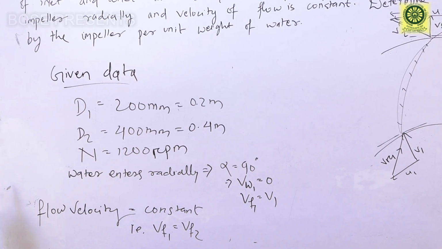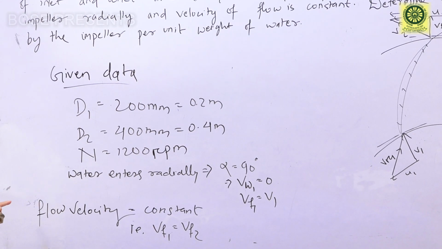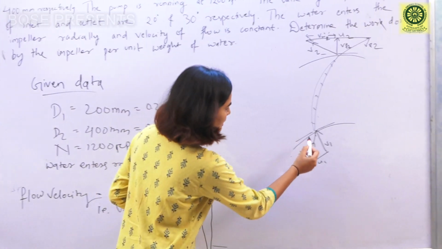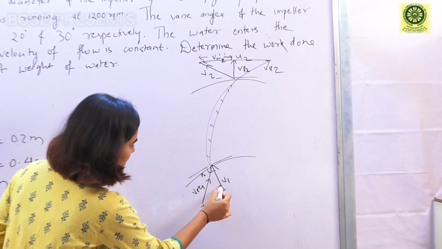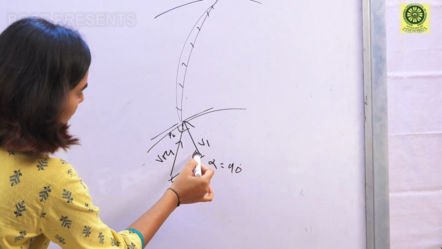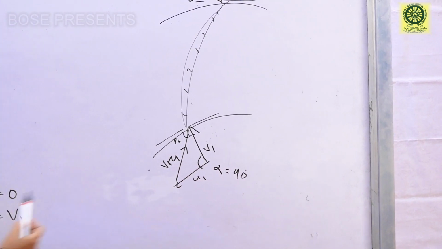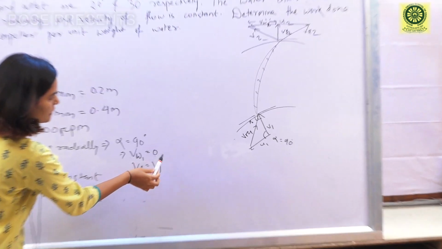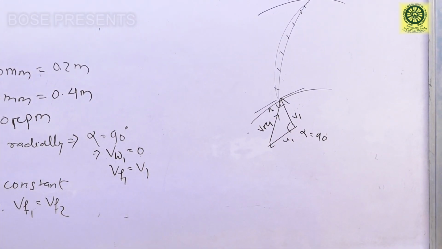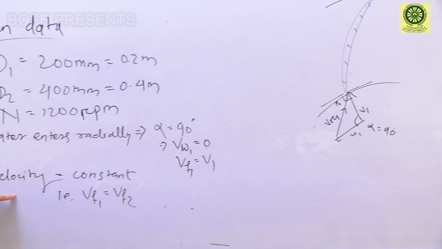Then it is saying that water is entering radially. So as I explained, if water is entering radially, this will be 90 degree, so alpha will be equal to 90 degree. If alpha is 90 degree, we don't have the cos component, which means vw1 will be 0 and v1 will be equal to vf1.